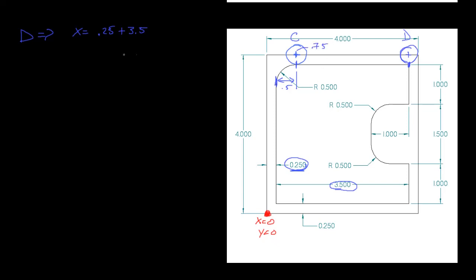But that doesn't really matter. It just needs to go to a position with respect to the x0 point. So really, it's going to go to x is equal to 3.75. Okay, and then the y was at 4 inches, and that's just going to remain at 4 inches.